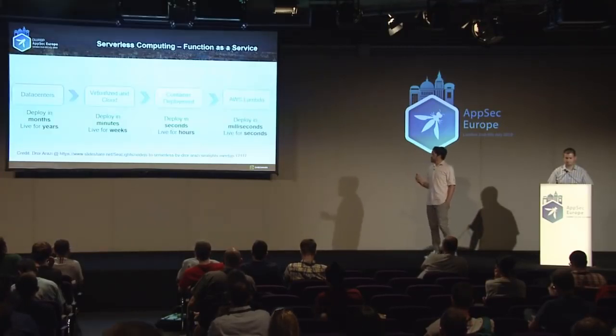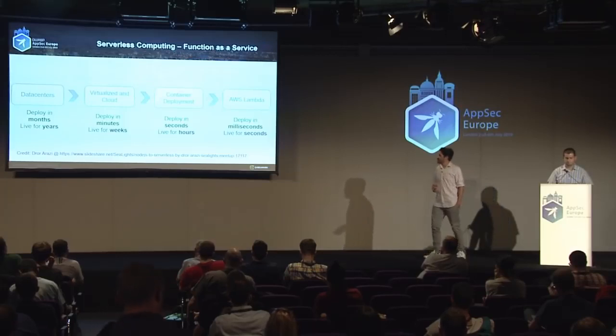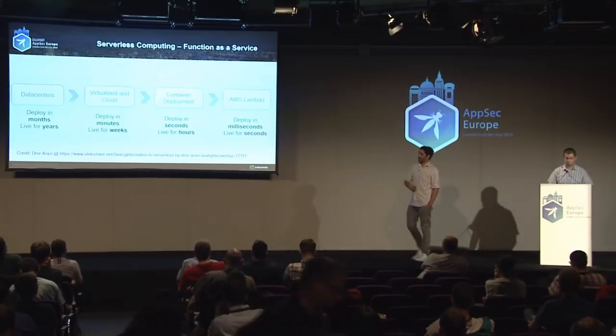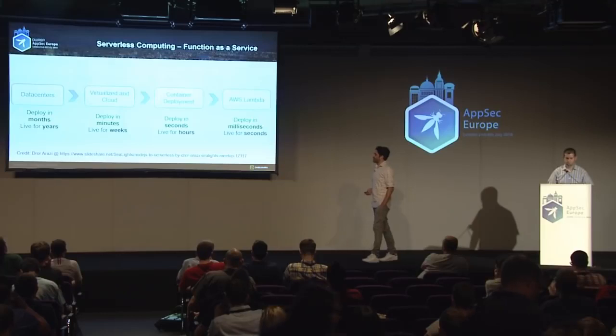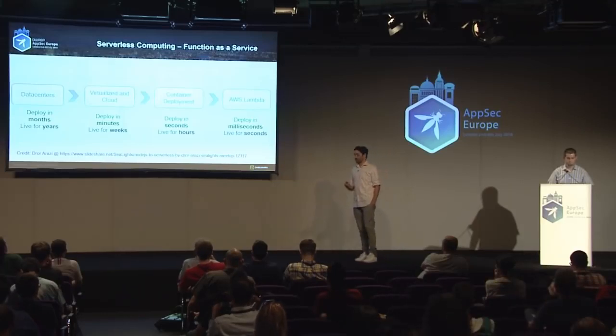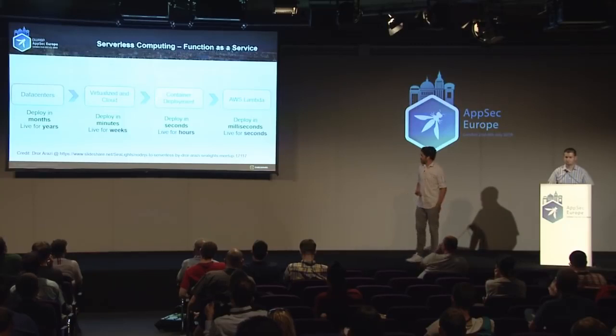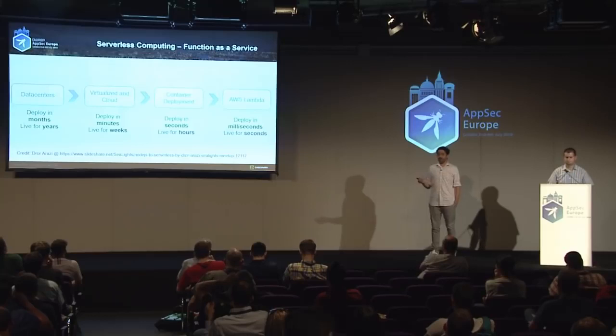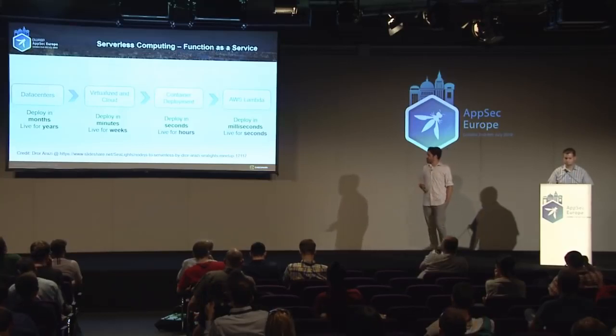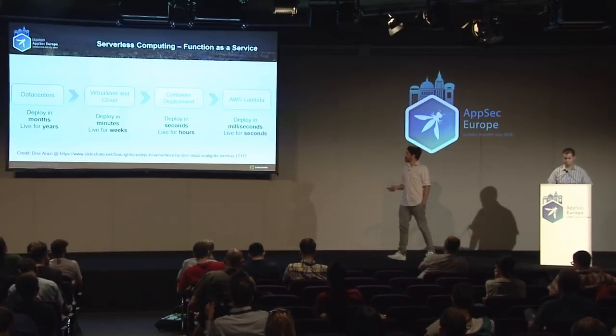So again, looking back, with data centers we used to deploy in months. You had to set up your server, implement it, make all the security checks, and so on and so forth. And then they used to live there for years. Later on, we moved to deploying in minutes on virtualized clouds, and the systems used to live for weeks. They still do.